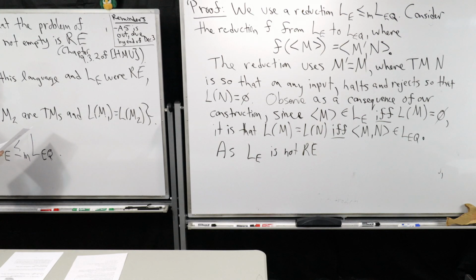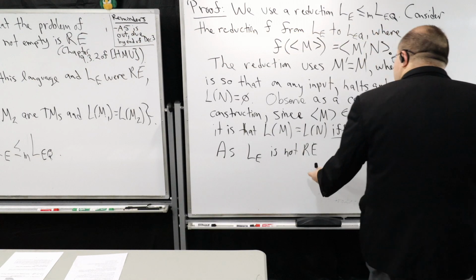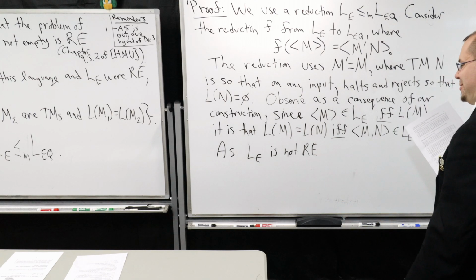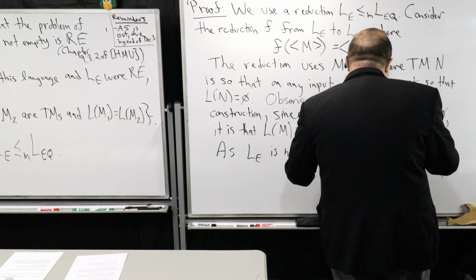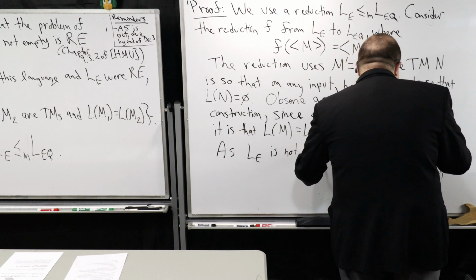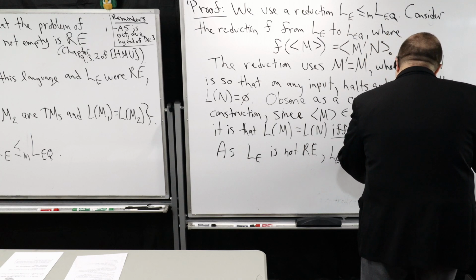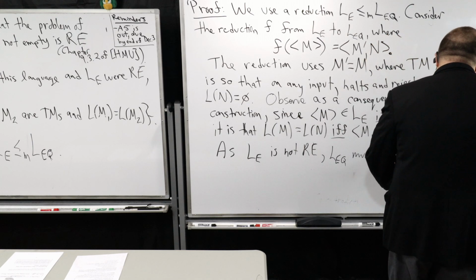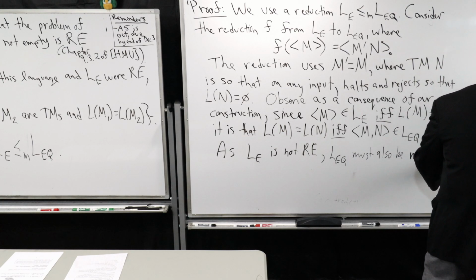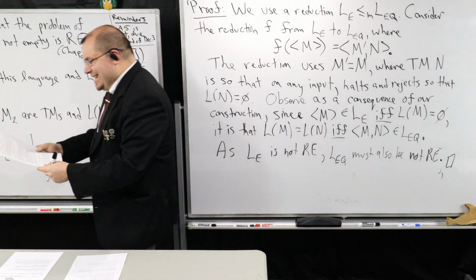Remember, I can inherit that because of the reduction. I could have made a weaker statement and said it's just undecidable. Here's a much stronger statement. As LE is not recursively enumerable, LEQ must also be not recursively enumerable. And we're done. That's it. Believe it or not.